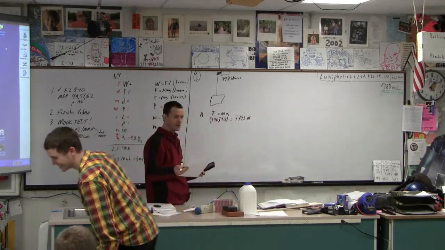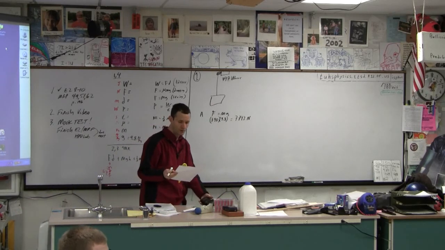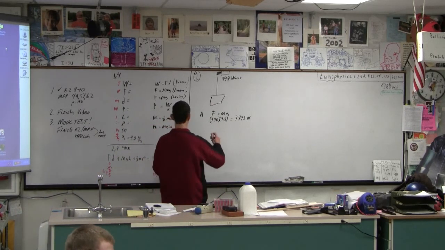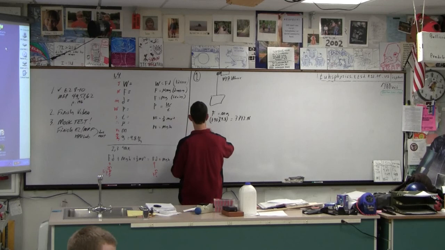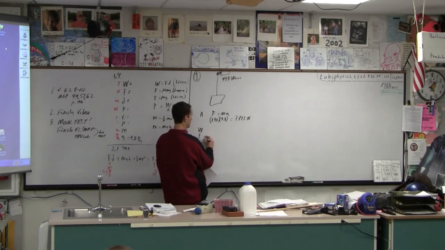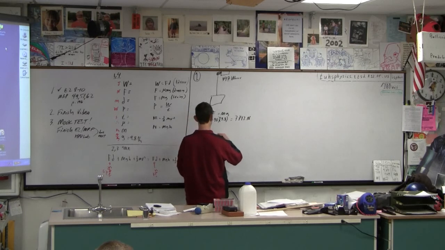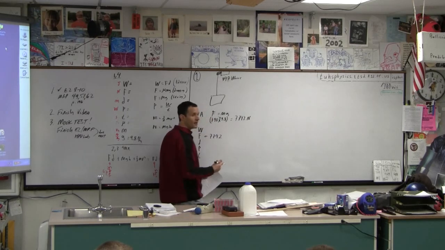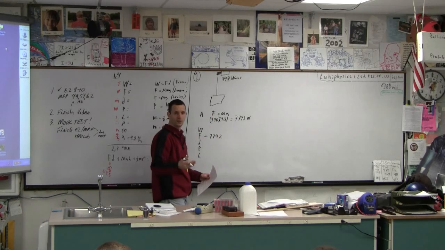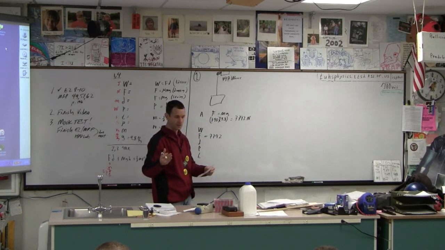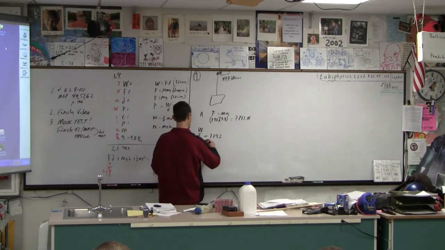And then the question is, what time will it take to lift the load 3.4 meters? Well, right now we know the force is 7742. They say you want to lift it a distance of 3.4 meters. Isn't that our distance?